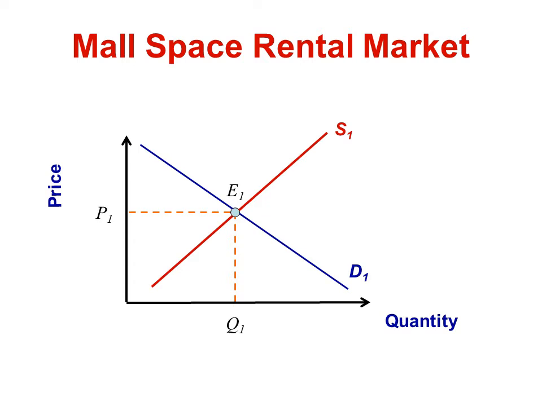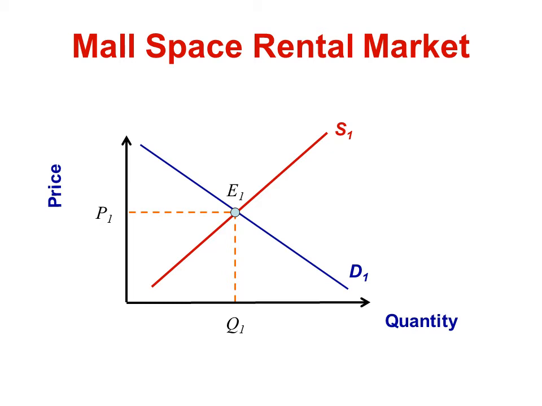This is mall space rental. We have suppliers and demanders. Think of price in this particular market as how much is charged per month per square foot of rental space. And quantity will be the quantity of square footage of rental space purchased at shopping malls.